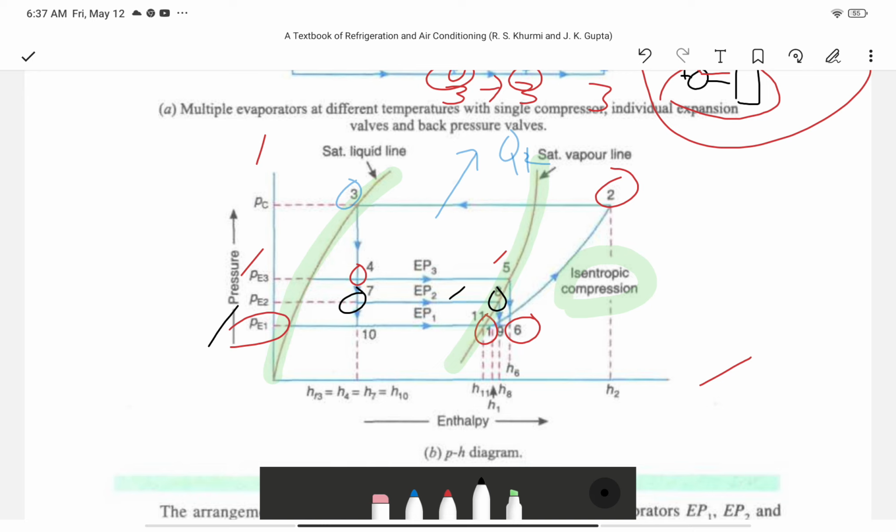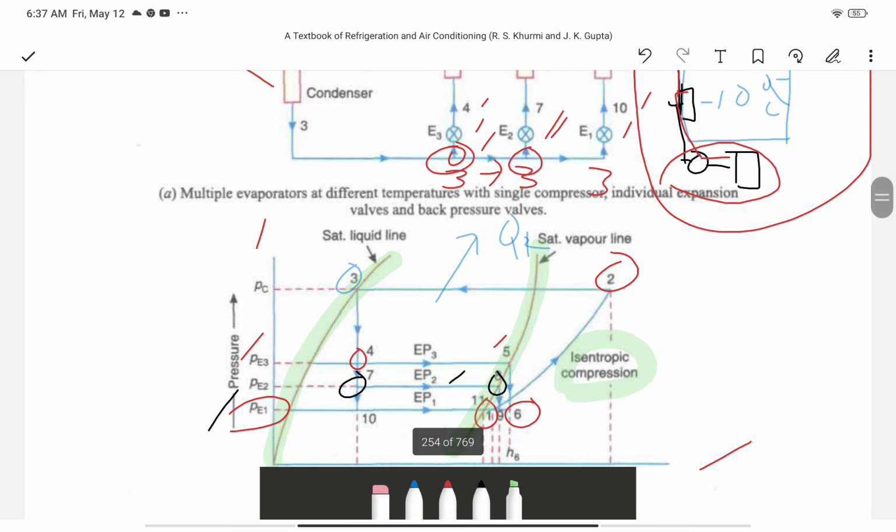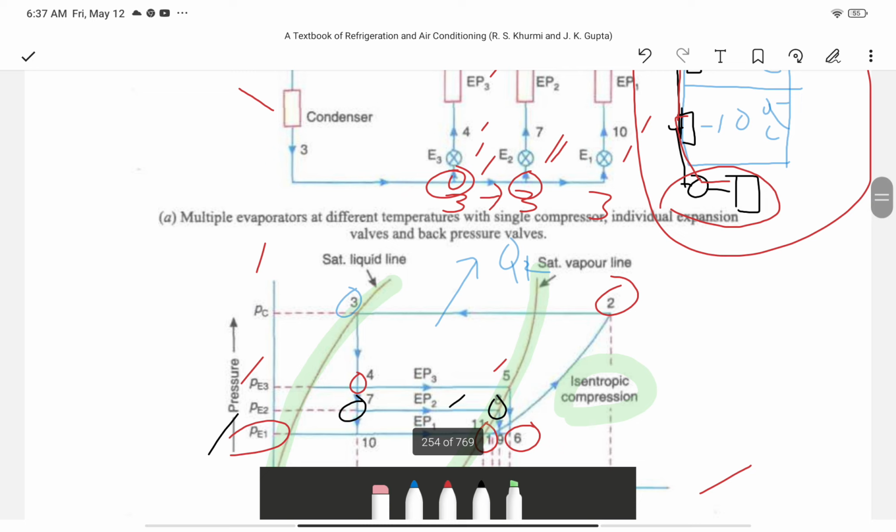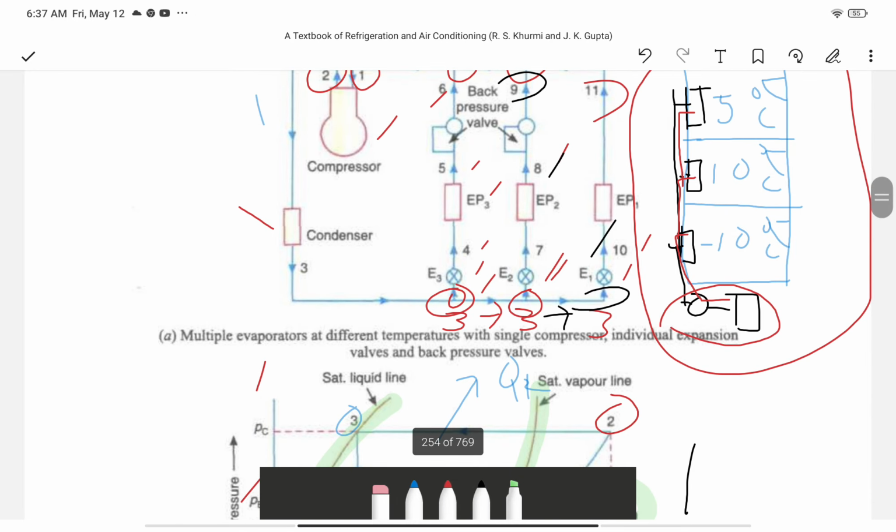And then the last junction you have here. So those remaining refrigerant will enter into expansion valve 1, and then it goes out to 10, and then goes out to 11.